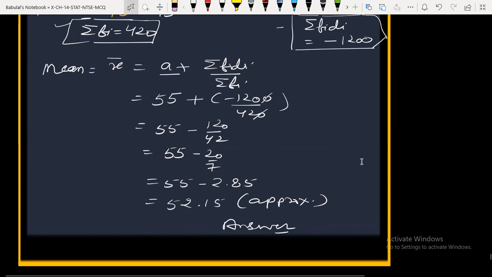So this is the way how to calculate the mean by assumed mean method.